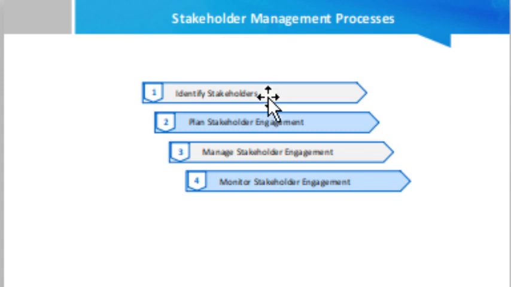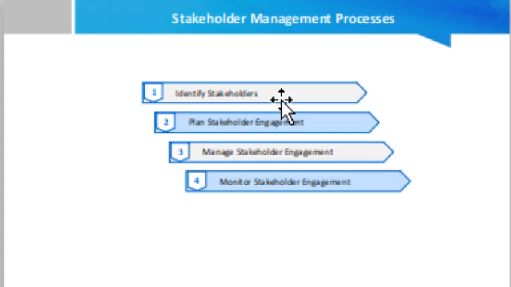So the first process in this list is identify stakeholders. Whenever you are starting the implementation of a project, you must identify the stakeholders. Stakeholders can have a positive interest or a negative interest.